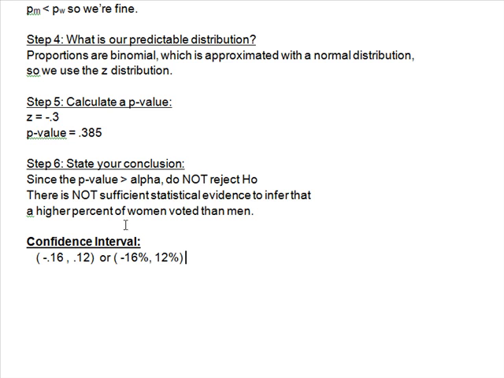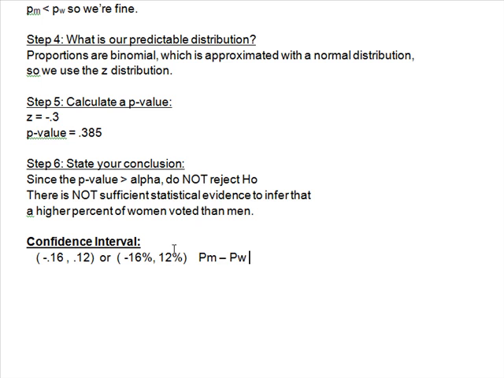Okay. All right, so that's the difference. It's a difference of 2 proportions. That's basically p of men minus p of women. And it contains 0. Okay, it contains 0.